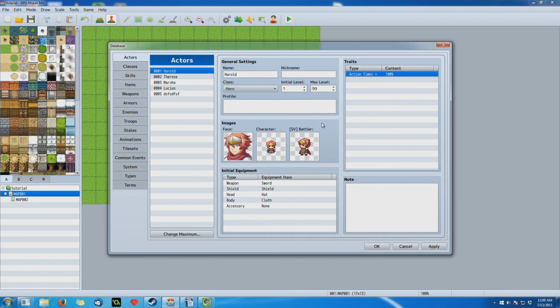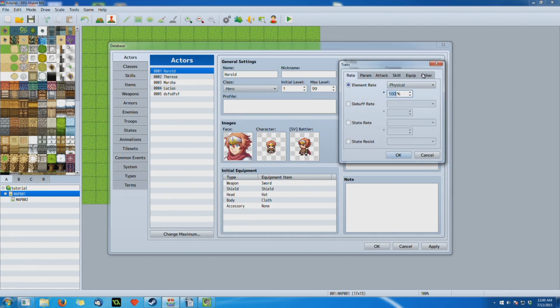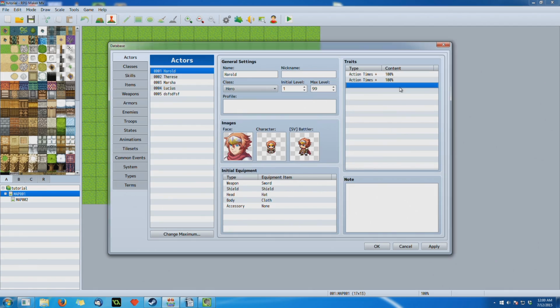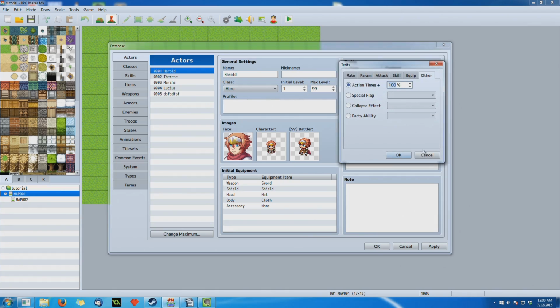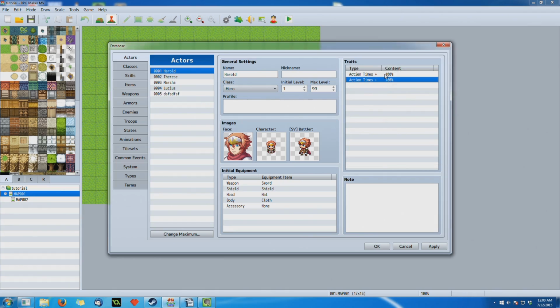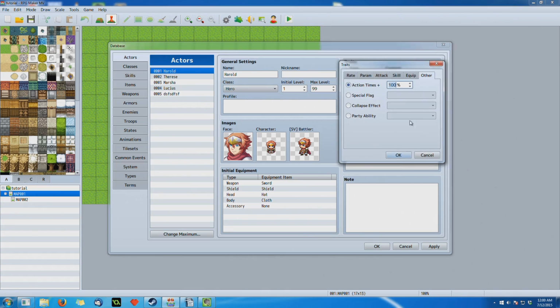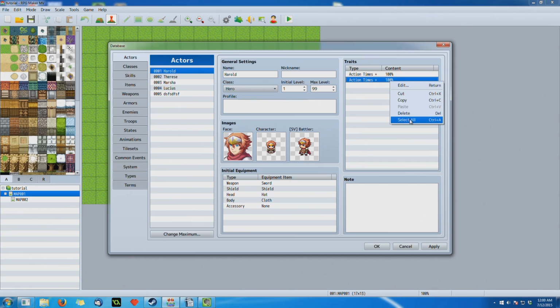If we were to add it again here, that means now we can do three things during one turn. If we were to change this to 50%, that means we could do two things during one turn, and then we have a 50% chance of being allowed to do a third thing. So it's a percentage-wise thing. I've never actually used that, but from what I've read from the wiki, that's what it does.